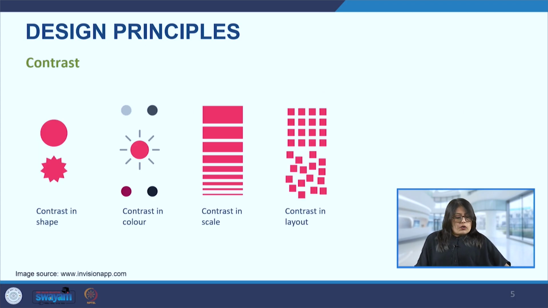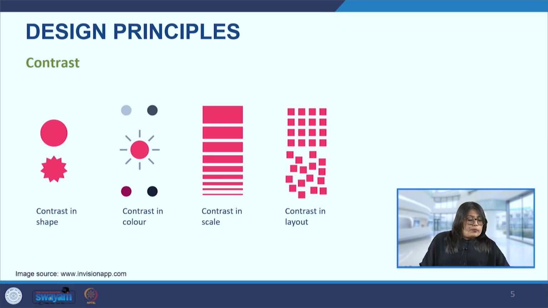Now next is contrast. Generally, contrast is the difference between two or more objects in a design, and this difference could be lightness or darkness, something being small and something being larger, or also bright and dull. Here contrast is more associated with readability, legibility, and accessibility.